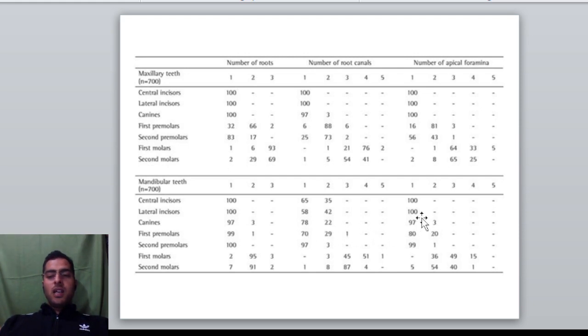So this is a typical type 2 canal. Here you can see in the first premolars, there is a different number of root canals. Anywhere there is three, anywhere there is two. This is a research. So every tooth can have many root canals and many apical foramens.